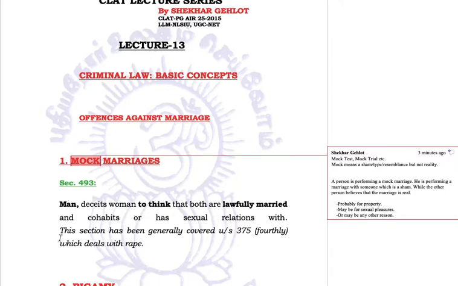But the typical thing with this section is that it begins with the words man deceives woman to think. That means a case of mock marriage can always be filed only against a man and not against a woman, because the law says a man deceives a woman.